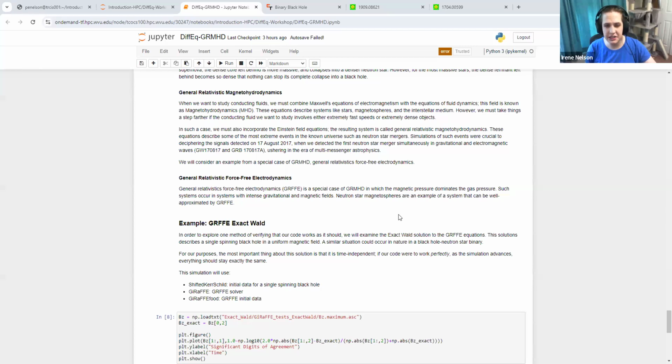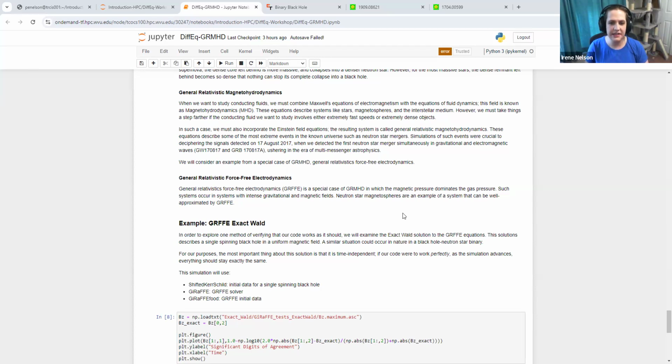We're going to consider a special case here of GRMHD, which is general relativistic force-free electrodynamics, or GRFFE for short. This is the case where the magnetic pressure dominates and the gas pressure can be approximated as about zero.